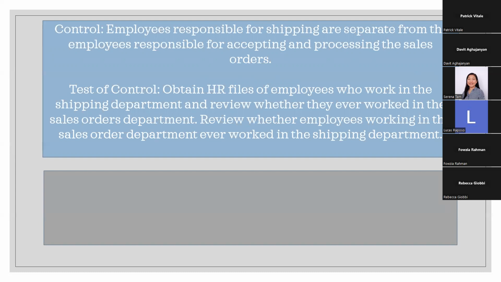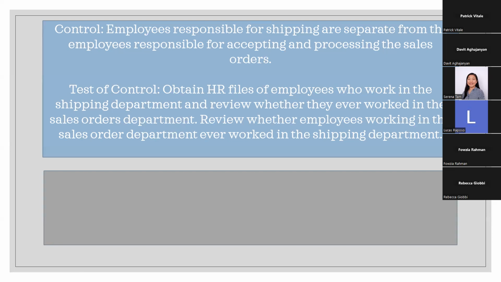And here what we're testing is that the employee in shipping is separate from the employee responsible for accepting. Is there an access for them to do it? Since they're working in one, they can't have access to the other one. But that's not true. Maybe both of them work in both places. So that's why this is not good enough. What we want to do, just like last time, is check if they have super user access.